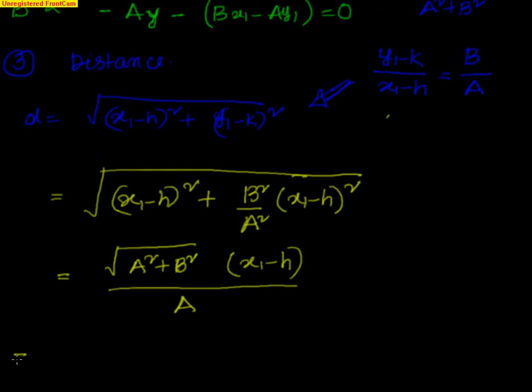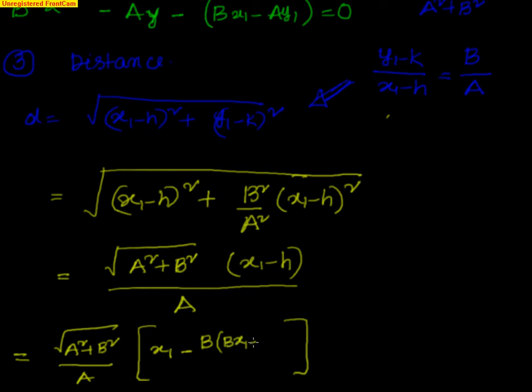This is nothing but square root of a square plus b square by a into, let us be very cautious here, x1 minus of, what is my h? B into bx1 minus ay1 minus ac.